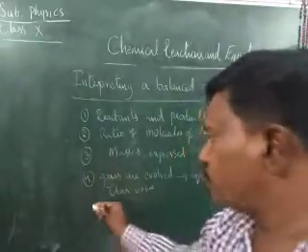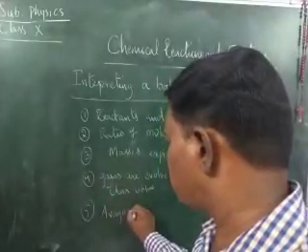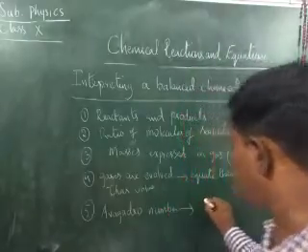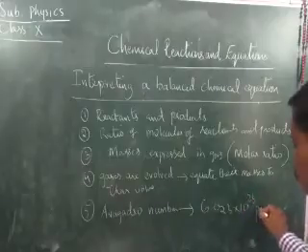The fifth one is by knowing the Avogadro number. Here the Avogadro number is given as 6.023 into 10 to the power of 23 particles.